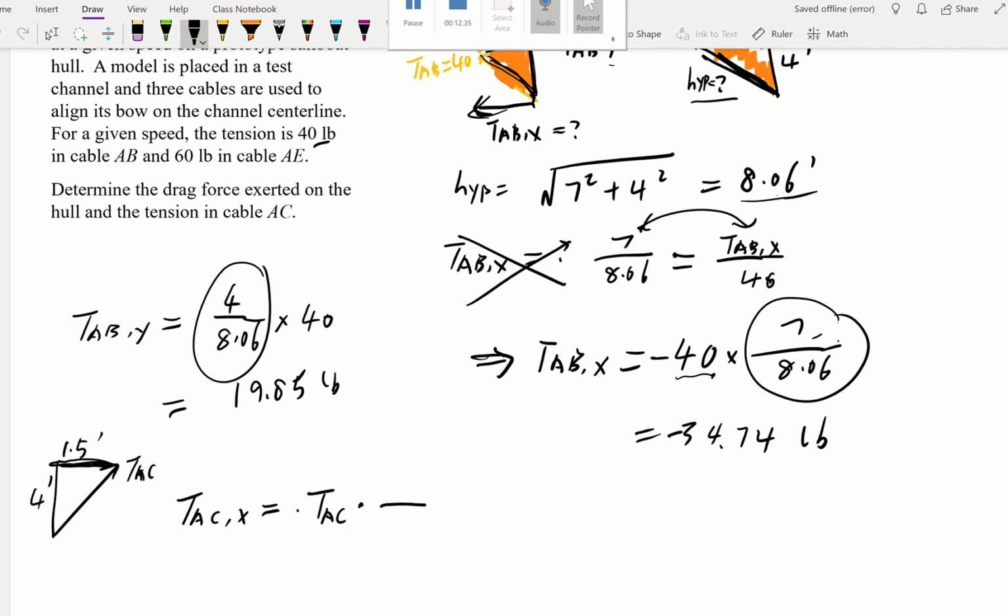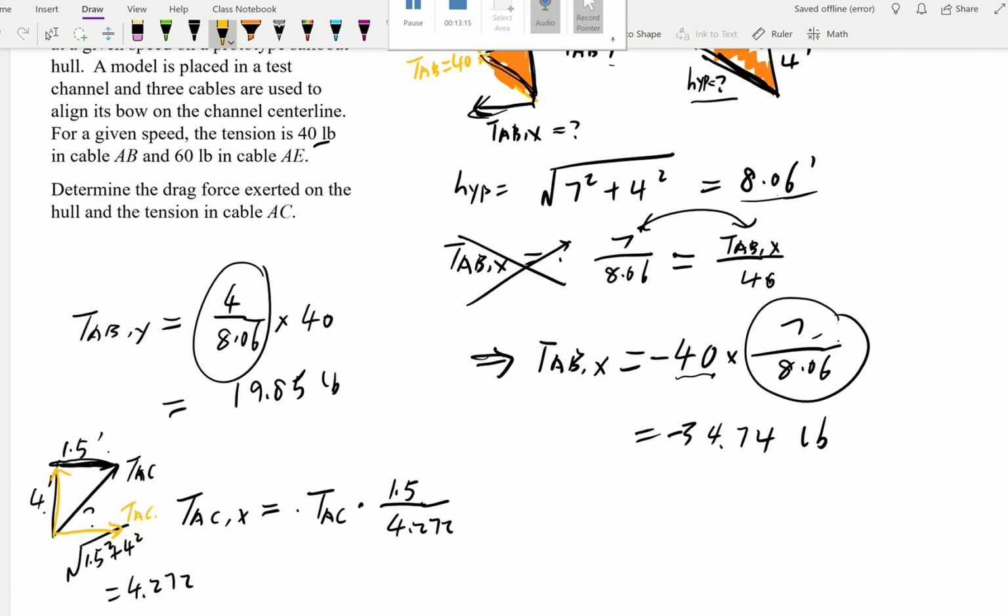For the x component, do we use 1.5 or 4? 1.5 because it's x direction. And we just need to figure out the hypotenuse. Hypotenuse will be 1.5 squared plus 4 squared, right? So put into calculator 1.5 squared plus 4 squared, and we take a square root of that. We get an answer of 4.272. Then you look at this TAC, when you decompose, you get x component and y component.